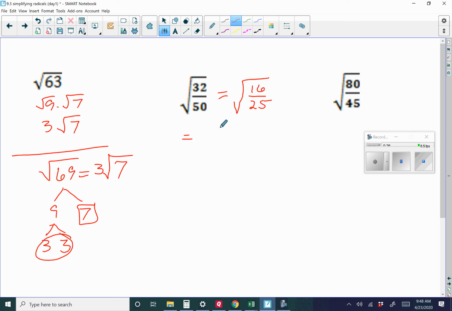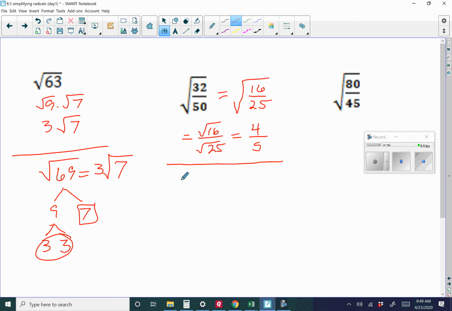That now makes this problem square root of 16 over the square root of 25. Those are perfect squares. Square root of 16 is 4. Square root of 25 is 5. Now, that is probably the easiest way to do that problem.